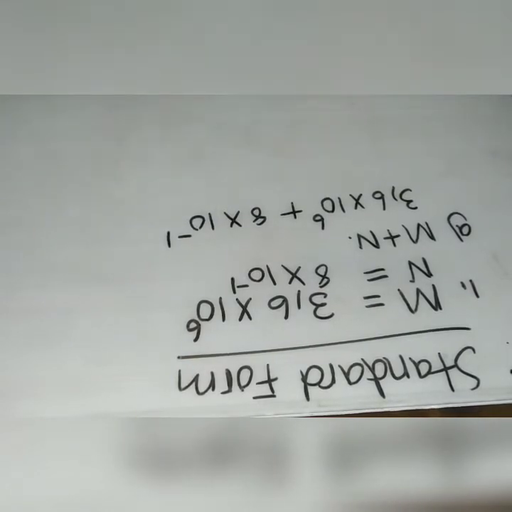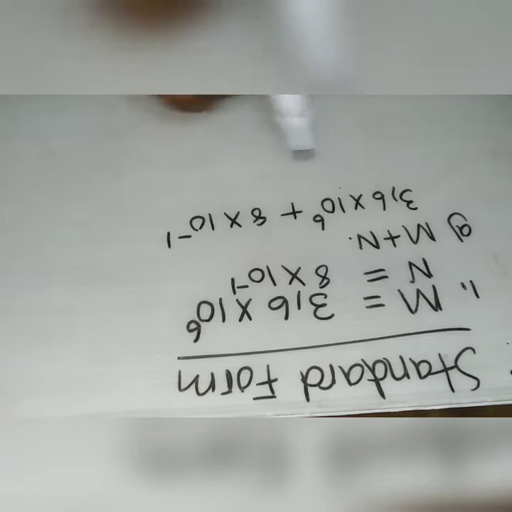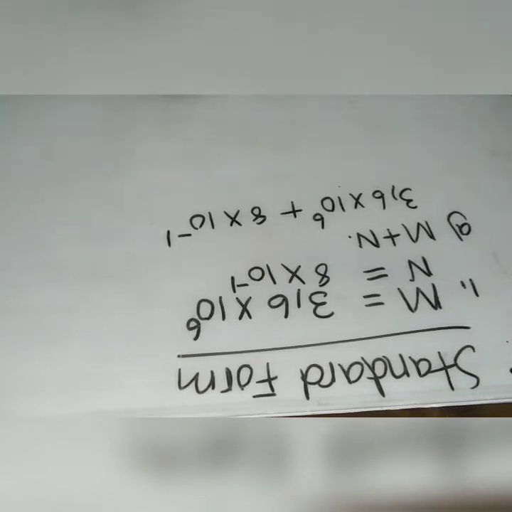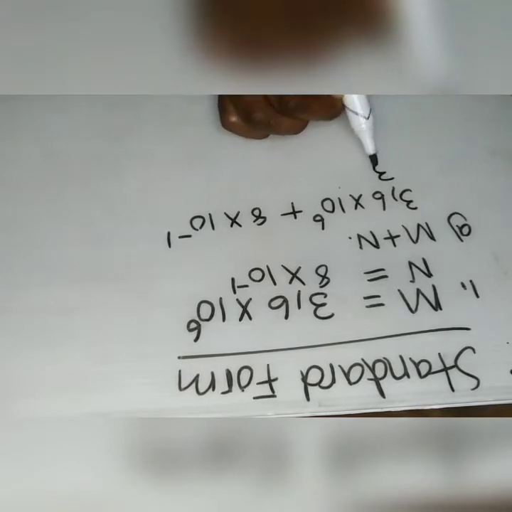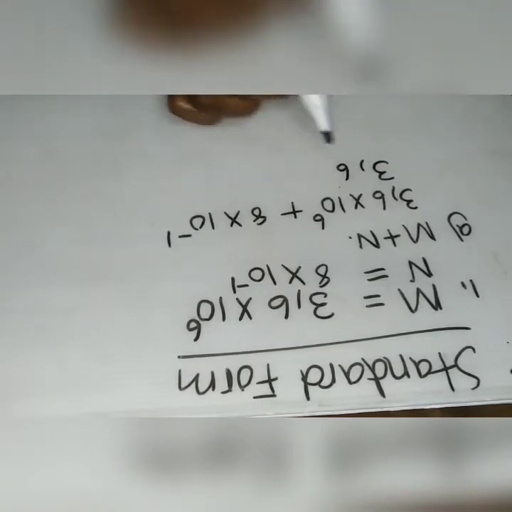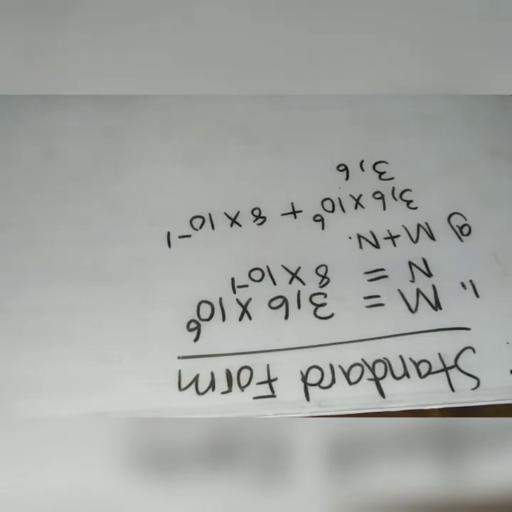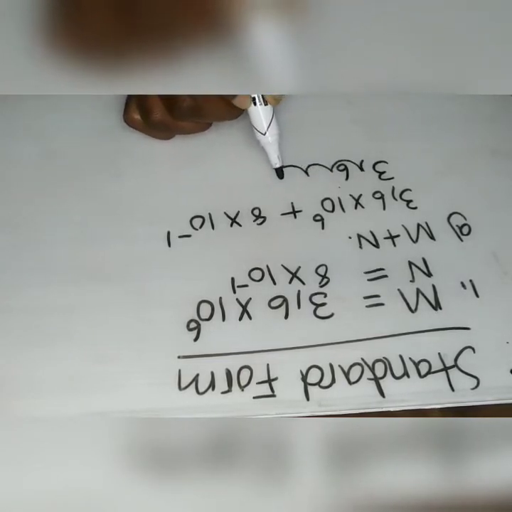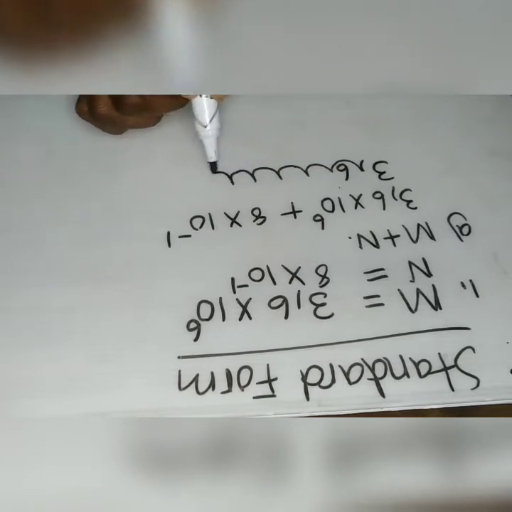So for this one, I would prefer to convert all these numbers to ordinary form. As for 3,6 times 10 to the power 6, it will become 3,6 like that, and then we move 6 steps towards the right, so it's going to be 1, 2, 3, 4, 5, 6.